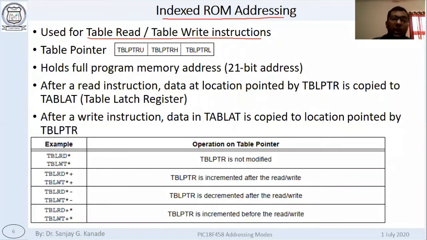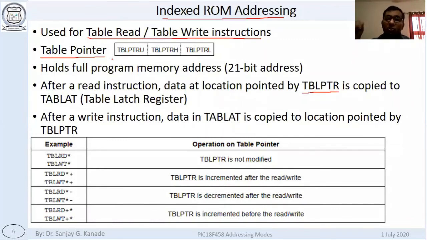For that, we have one particular register, or operator, I would say. It is called the table pointer, denoted by TBLPTR. This is actually a 21-bit pointer. Why 21 bits? Because the program memory address is 21 bits, right?